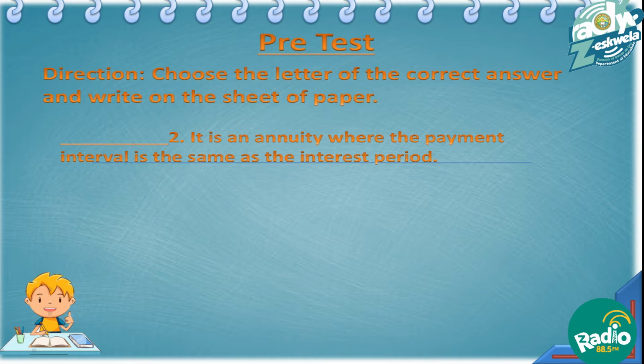A. Simple annuity. B. General annuity. C. Annuity certain. Or D. Contingent annuity.